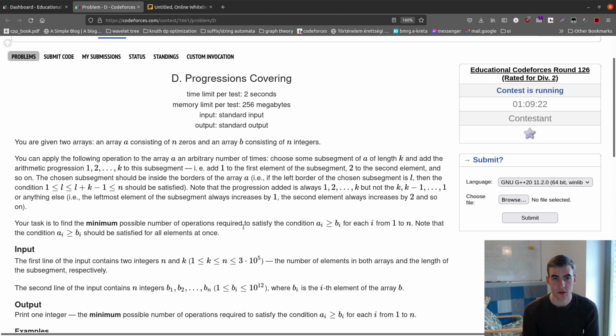Because for each element I know how much I can increase it by, and I go from left to right, so I increase the ones, then I increase the next one in 2s. Well, not necessarily, because maybe if I increase it once, then I increase some other thing k by k.